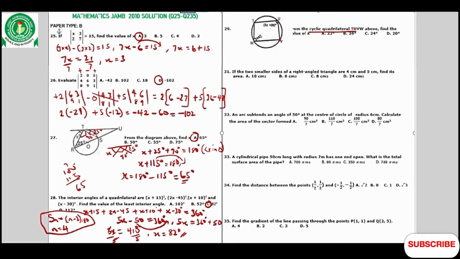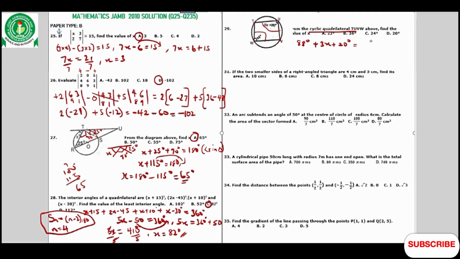Now look at this. In this cyclic quadrilateral, this angle here is opposite this angle. This angle plus this angle here, they are supplementary angles. They must add up to 180 degrees. Opposite angles in a cyclic quadrilateral must be equal to 180 degrees. They must be supplementary. So this is now 88 degrees, plus 3x plus 20 degrees.